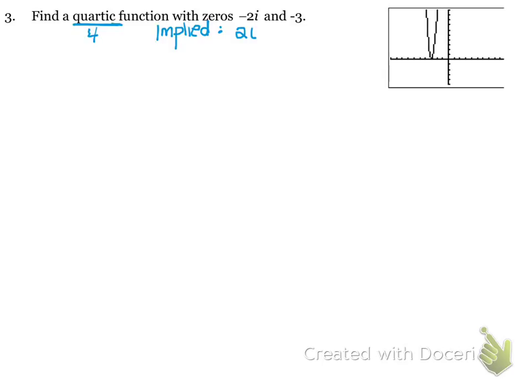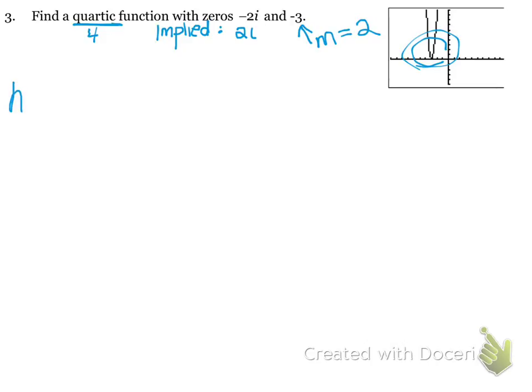So since it's a quartic, this means that negative 3 must have a multiplicity that's equal to 2, because it's the only way we can get 4 zeros. And if you look at the graph, it has a multiplicity behavior of hitting the x-axis and bouncing back up, which implies an even multiplicity.